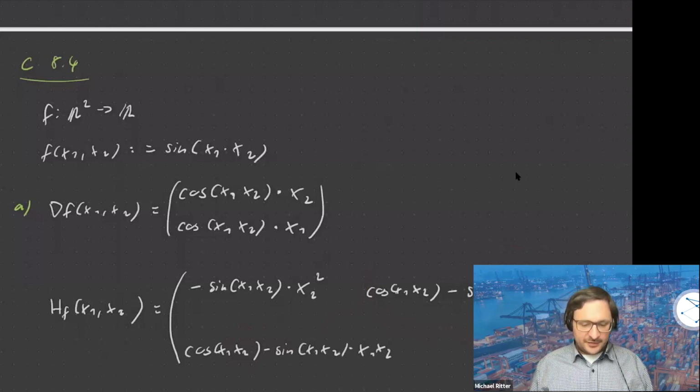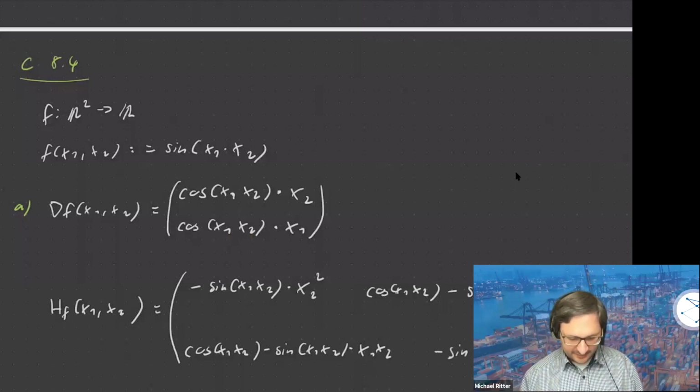And for that last entry, we need to differentiate this entry here now with respect to x2. Again, the only x2 is inside of that cosine. So we differentiate the cosine first. That's a minus sine of x1x2. Then we multiply with the derivative of that inner function, x1x2.